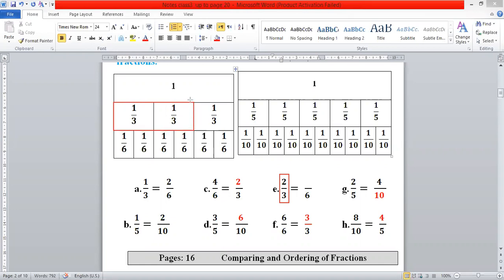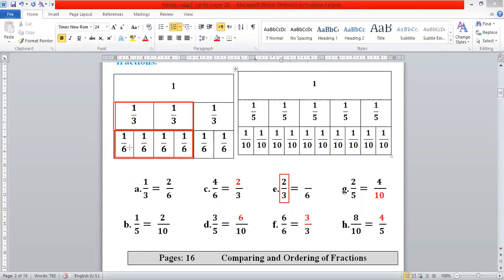And now compare this with this portion. This portion is equal to 1 over 6 plus 1 over 6 plus 1 over 6 plus 1 over 6. We know that this portion is equal to this portion. Here we have 2 parts, here we have 4 parts.